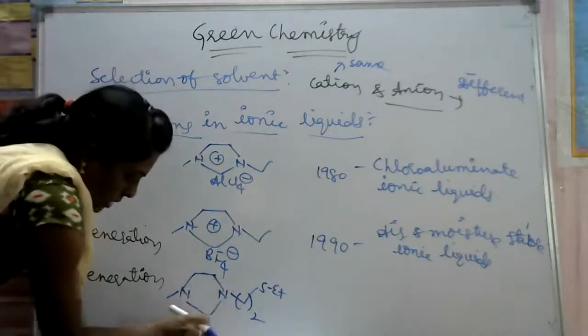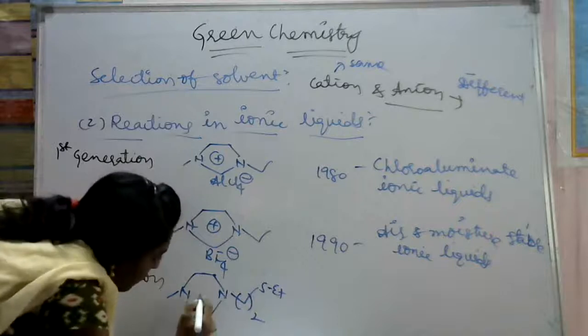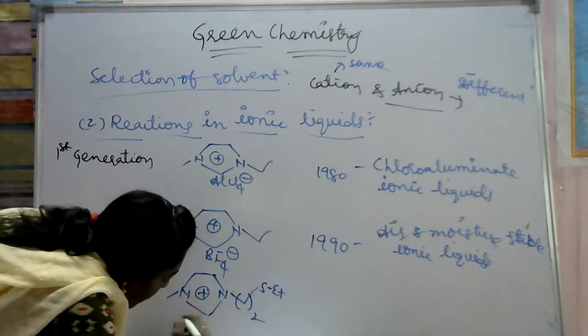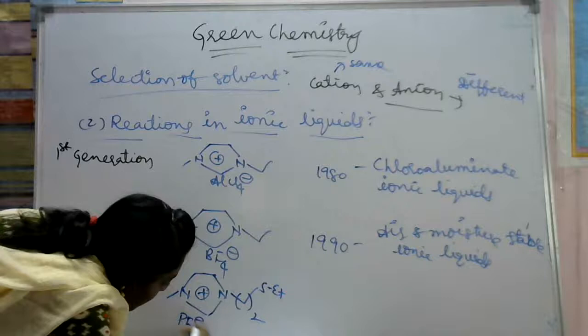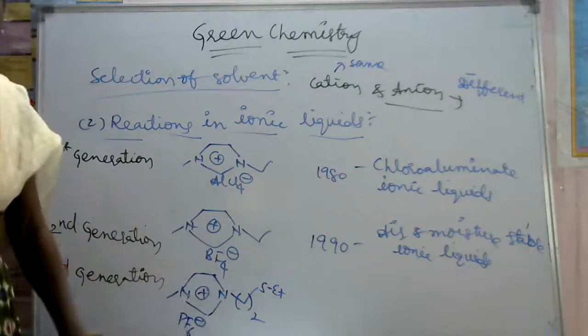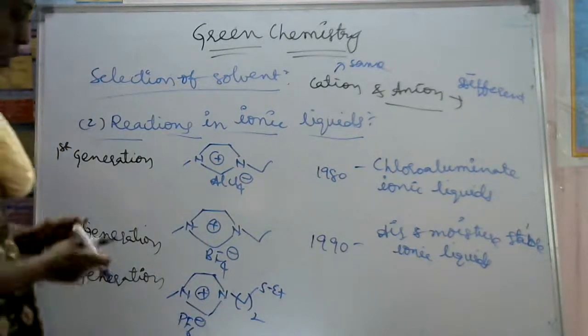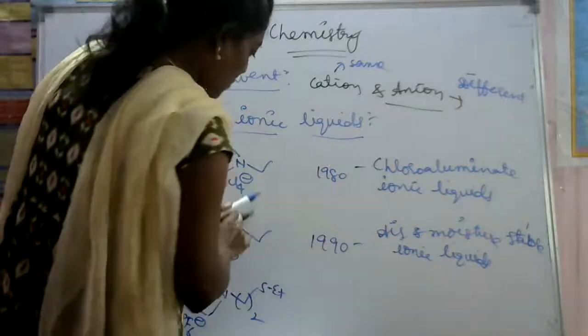So we have to write a plus cation and PF6 minus anion. This was developed in 2000.